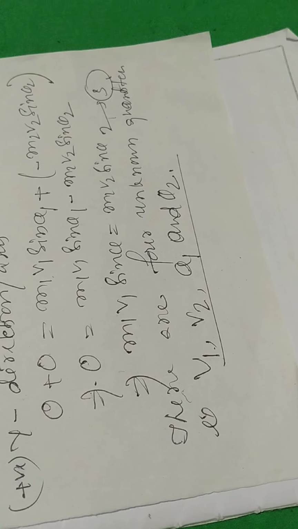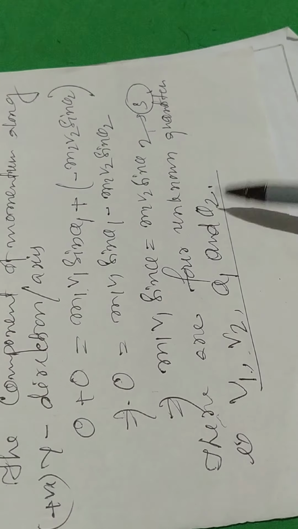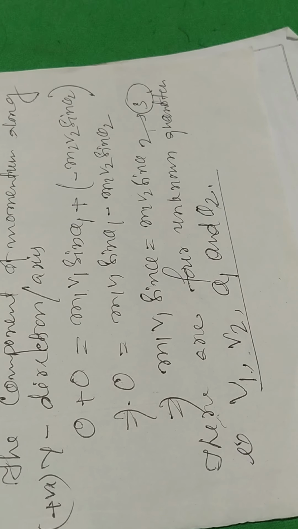The minimum number of equations required to solve this problem should be equal to the number of unknown quantities. If we have 4 variables, we should have 4 equations. Since here we have 3 equations but 4 variables, we cannot solve it. We can solve if one variable is known.